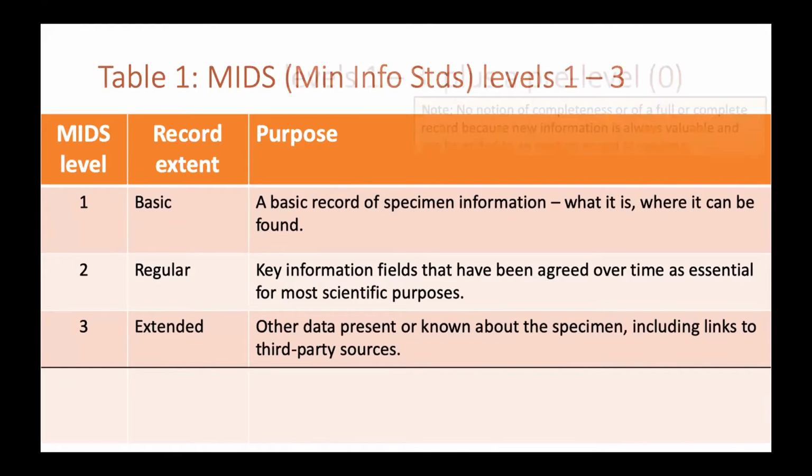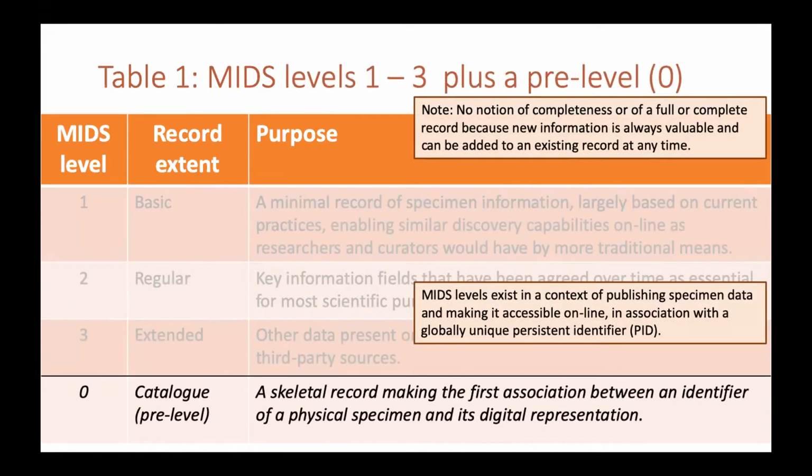So we'll look at each of these individually, but it's important to note in the context of this meeting that these are not static at any point. They're always open to added information, annotations, further curation decisions, and so on.